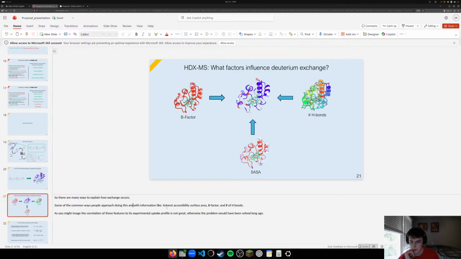Some of the common ways people approach doing this are with information like solvent accessible surface area, RMSF or B factor, and number of H bonds. As you might imagine, the correlation of these features to the experimental uptake profile is not great. Otherwise, the problem would have been solved long ago.